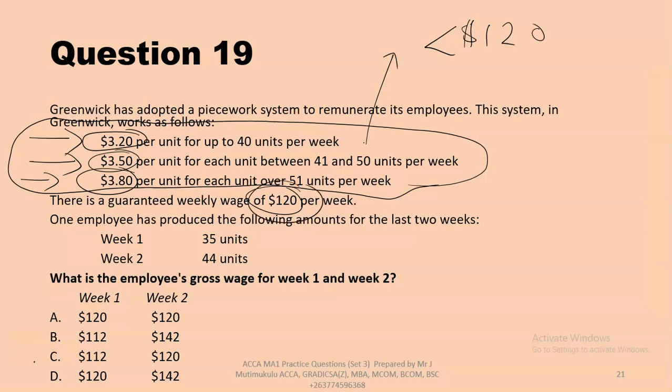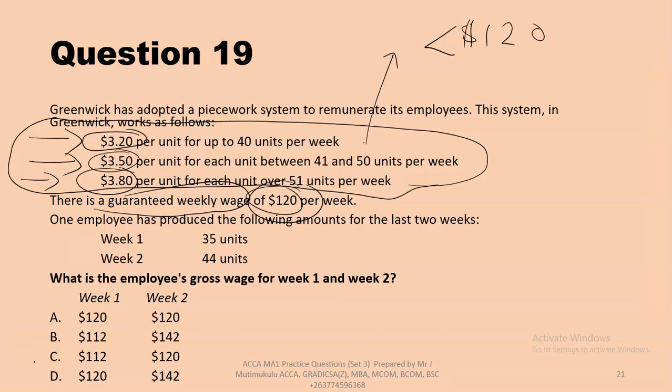Even if the total showed that they should be paid $98 or $101, we are going to pay them $120. Why? Because there is a guaranteed weekly wage of 120, which means the labor laws restrict us from paying these employees less than 120. That's what it means.